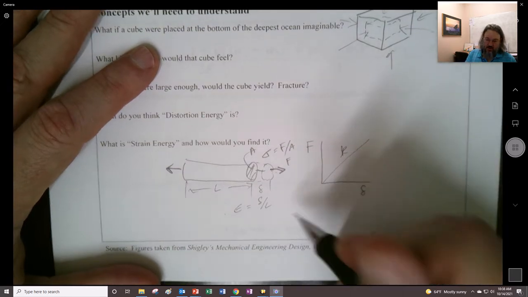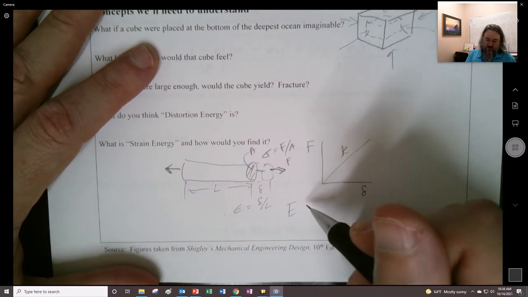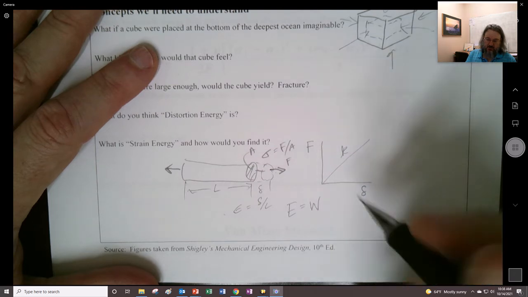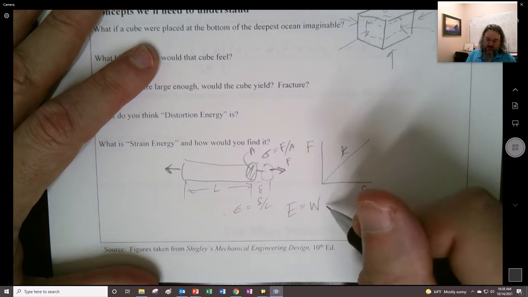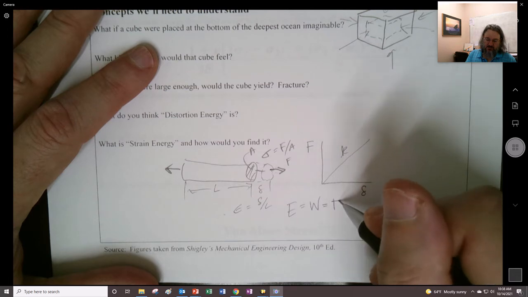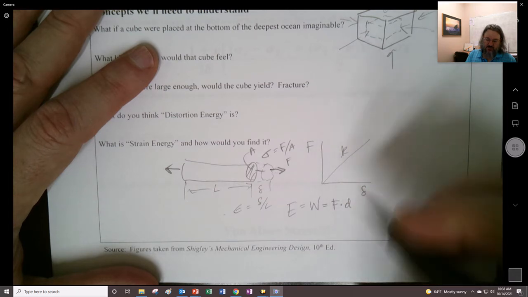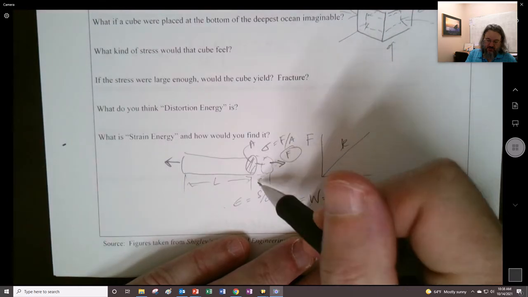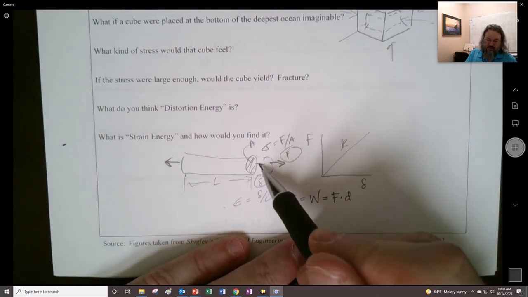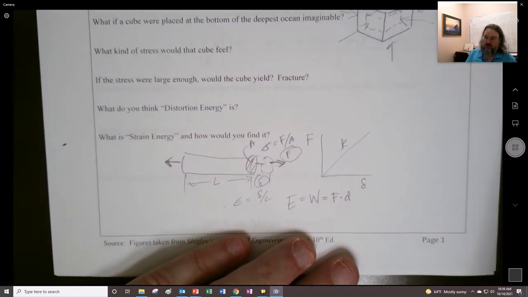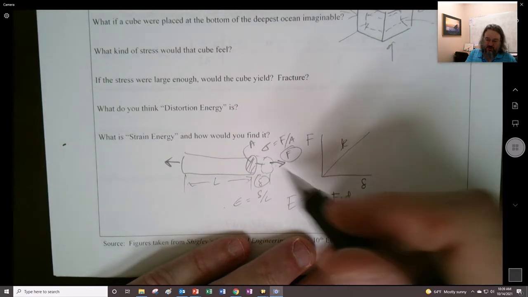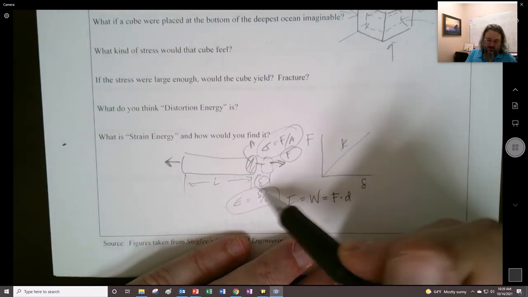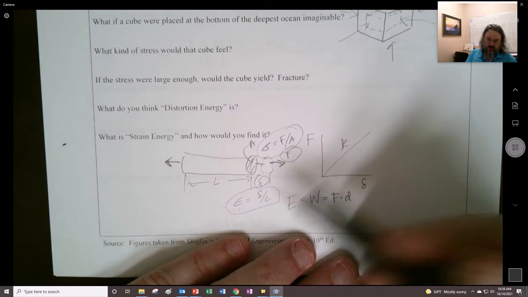But one way we could find energy, one form of energy, is work, which I sometimes call capital U, and which is force times a distance. Here's a distance, there's a force, and it's acting across that distance. So it has done work, and that is a form of strain energy. In this case we have the stress and the strain, as we'll see in a second.